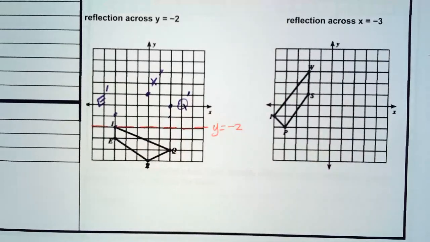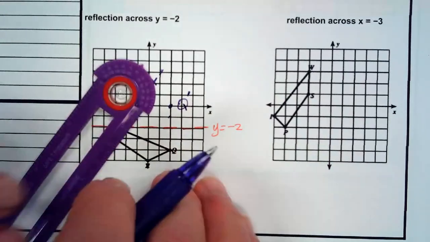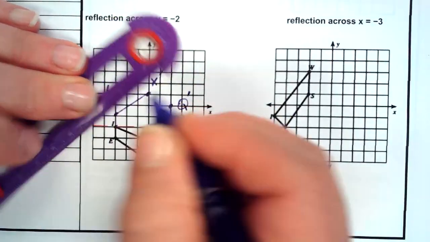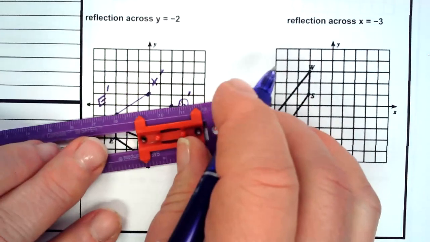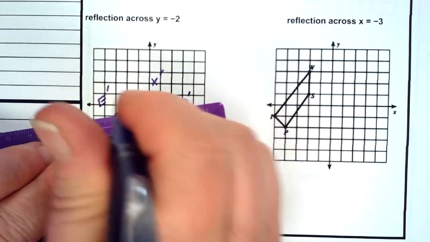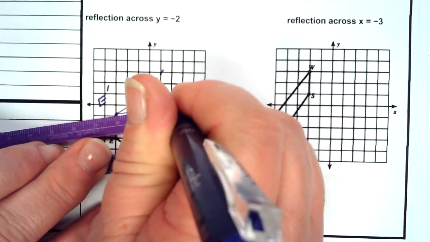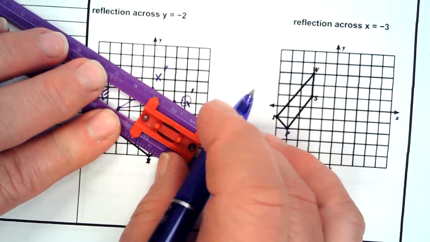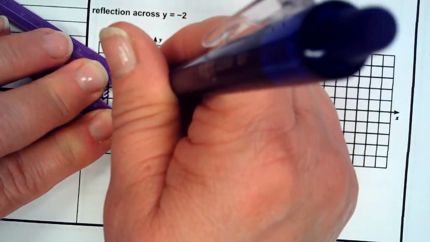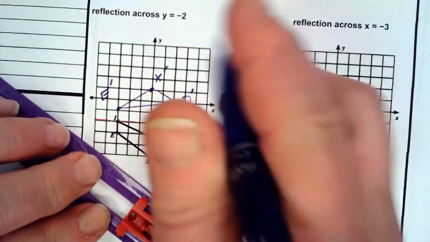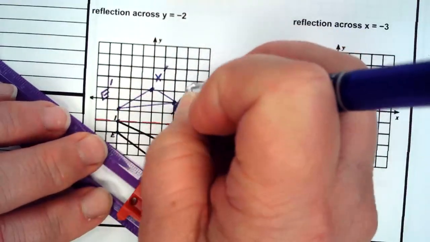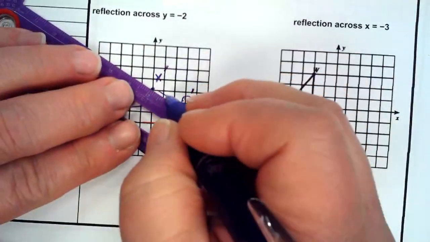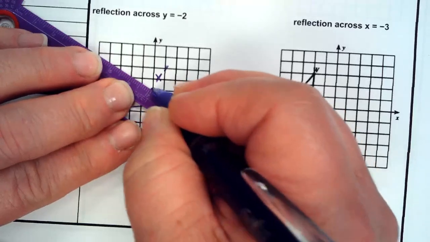Connect your dots. And you are done. Once again, make sure that the two triangles are identical.